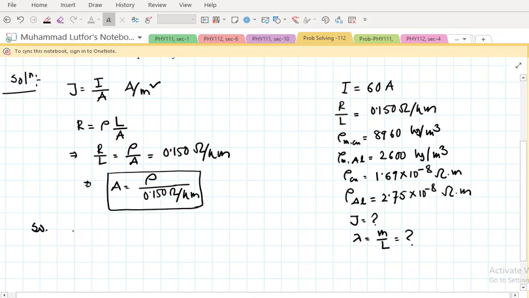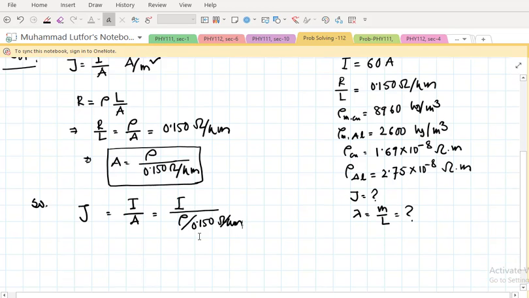So current density J would be I divided by A, which is I into rho, where rho is the resistivity, divided by 0.15 ohm per kilometer, right?